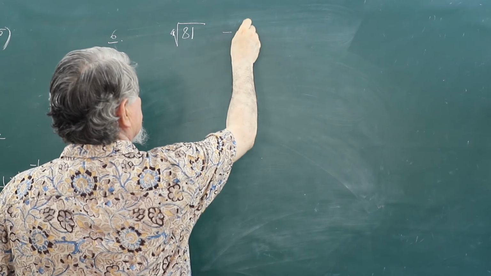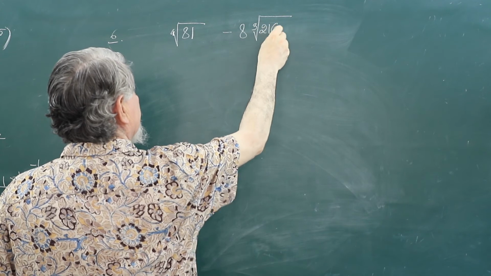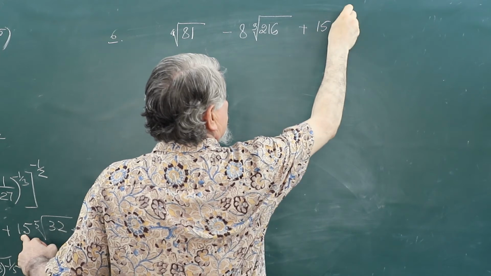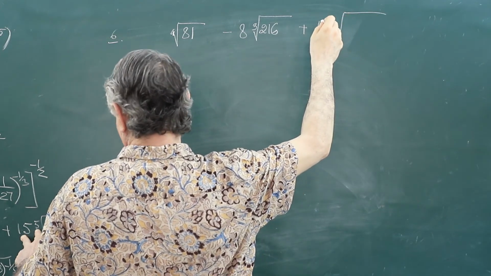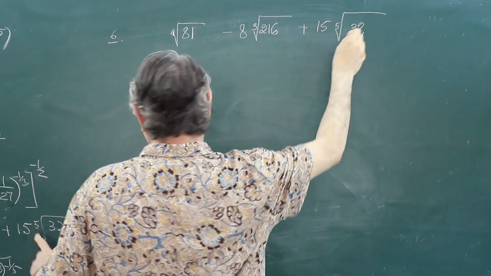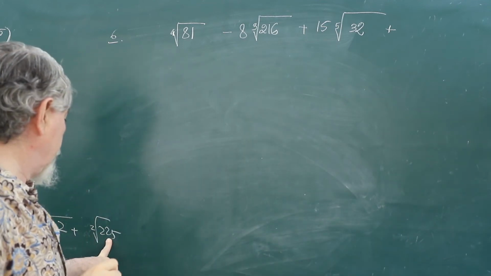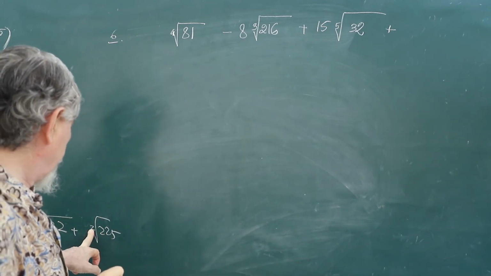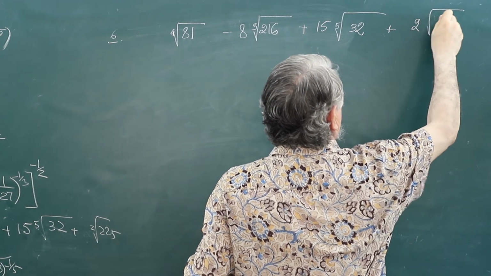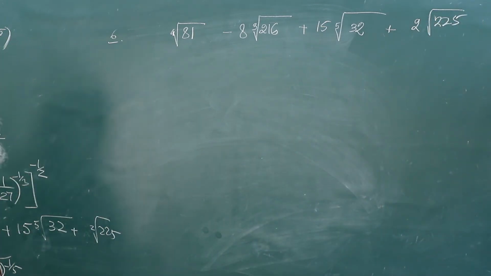Minus 8, 3 is written here, 216, plus 15, in here it is written 5, and to the power here it is 32, plus 2 into 225. Now let us see.